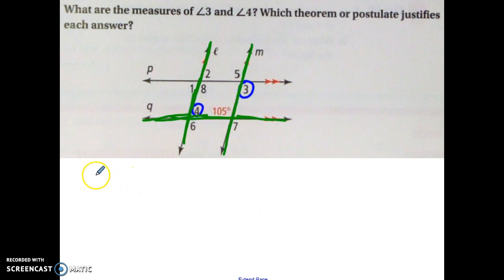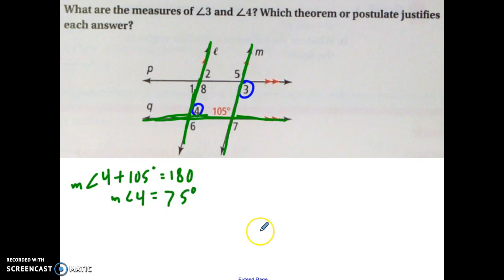So I can do measure of angle 4 plus 105 equals 180, because same side interior angles are supplementary. So the measure of angle 4 is 180 minus 105, 75 degrees.